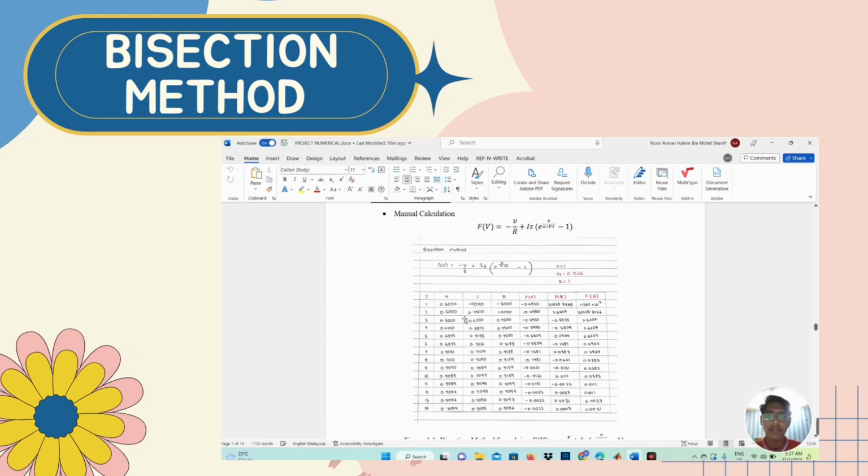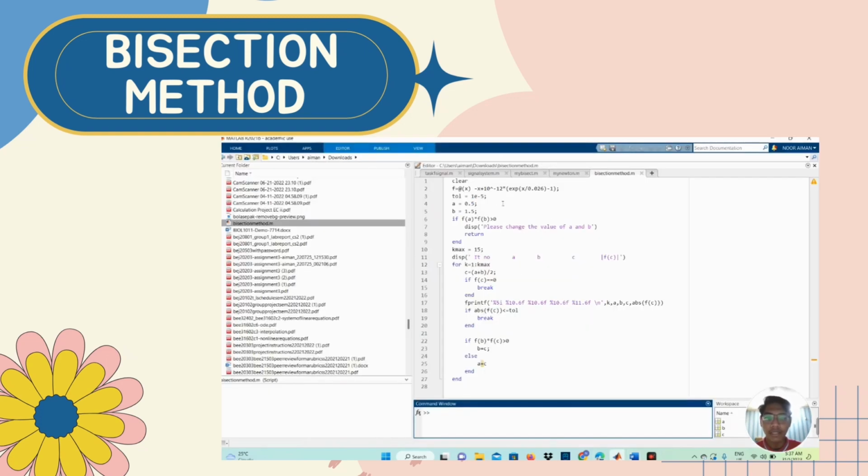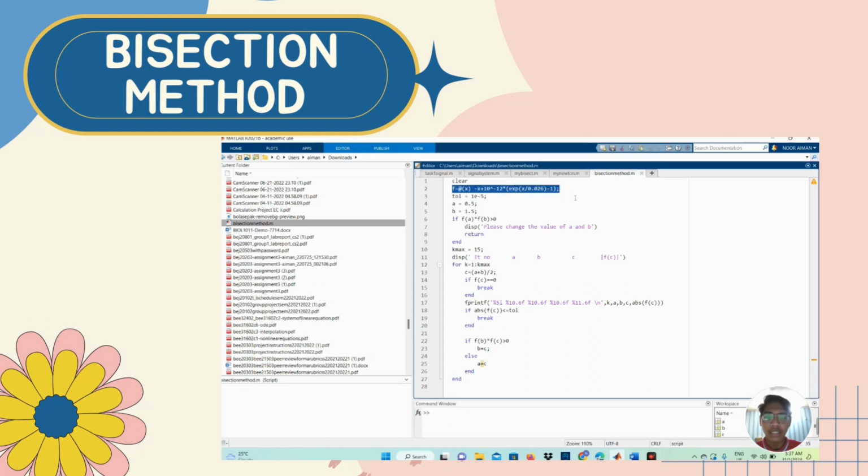For the manual calculation, we got until 14 iterations, where the absolute error or f(c) equal to 0.0005. Then we use the same equation and apply it in MATLAB. This is the equation that we enter in MATLAB.